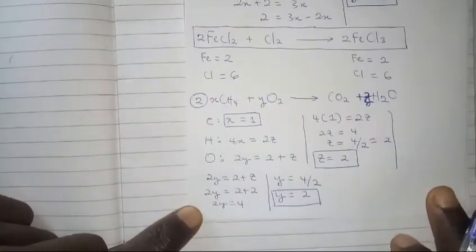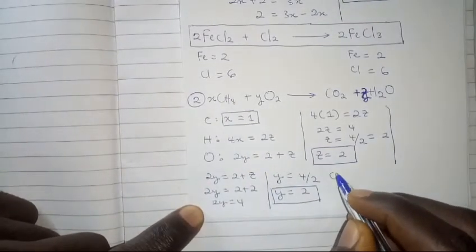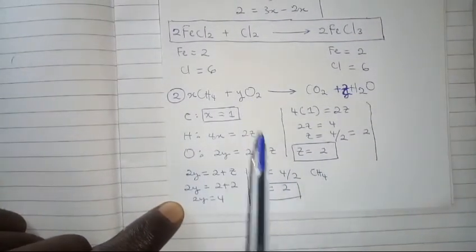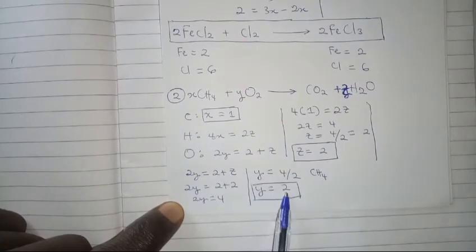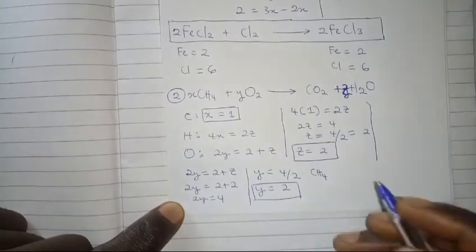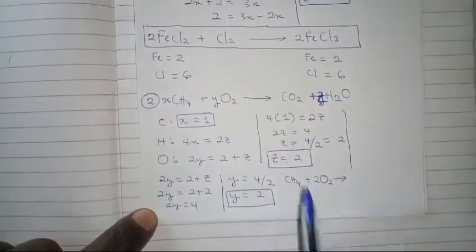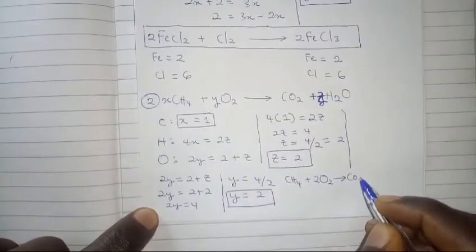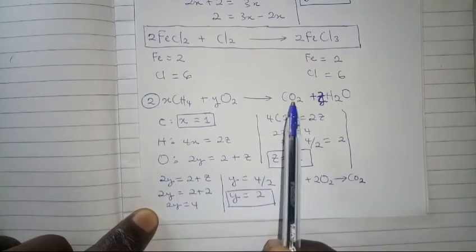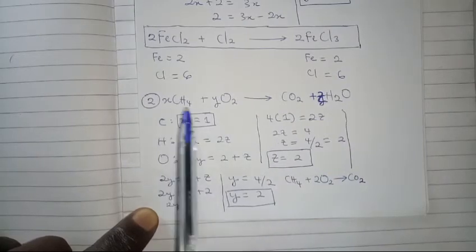So in balancing this chemical equation, we should actually have an x of 1 there. Therefore, I won't put anything in front of the methane. But when I come to the oxygen molecule here, y is equal to 2, so I'm going to put 2 there. And for the carbon dioxide, we didn't put anything there, because all the elements that make up carbon dioxide have already been considered on the left hand side for the carbon and for the oxygen.